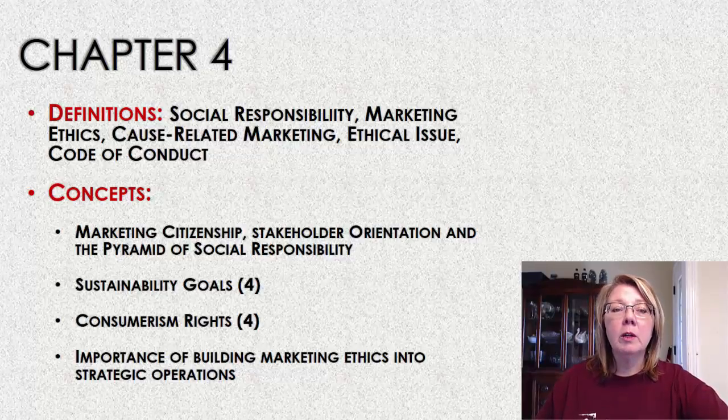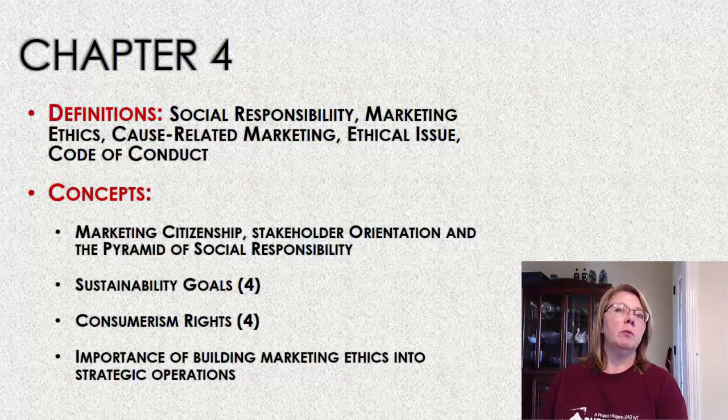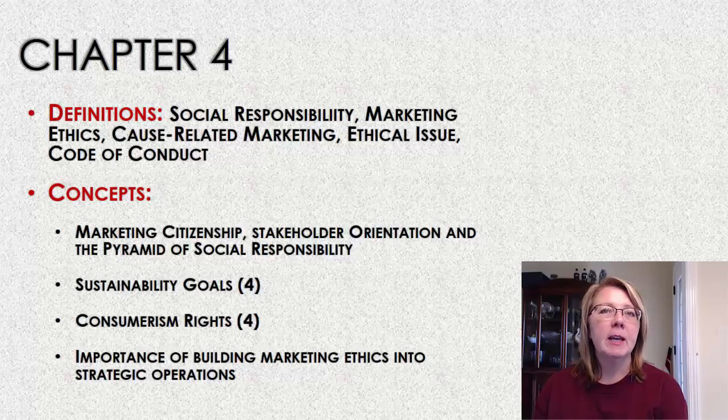Know what sustainability goals are. If you're talking to people in business, what is the standard for a sustainable marketing position? Know what consumerism rights are: the right to be heard, the right to safety, the right to choose. There's one more you can look up in the book, but know what those are all about.